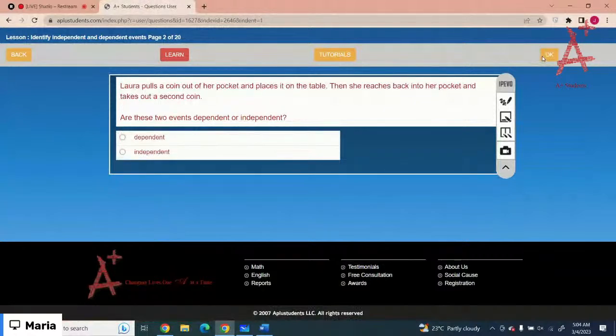Laura pulls a coin out of her pocket and places it on the table. Then she reaches back into her pocket and takes out a second coin. Are these two events dependent or independent? So which is the correct option? They are dependent events. Got it? Because when she selects the first coin, let's suppose she has three or four coins.